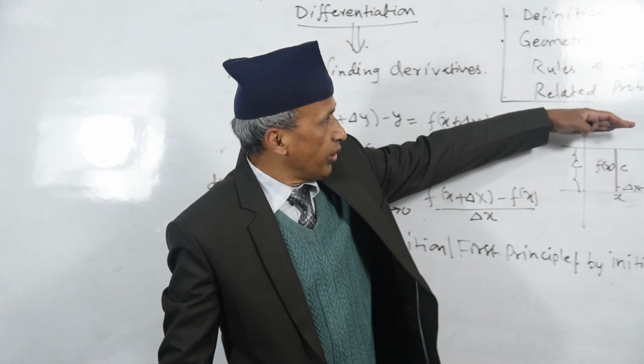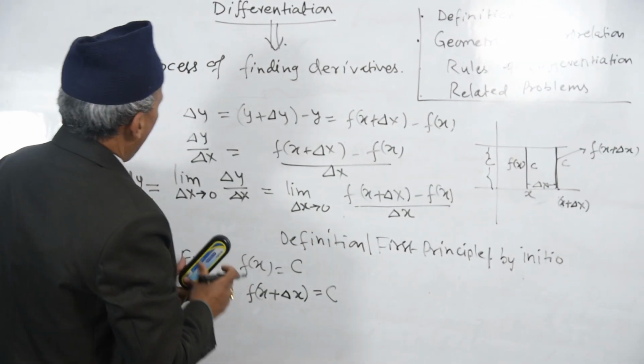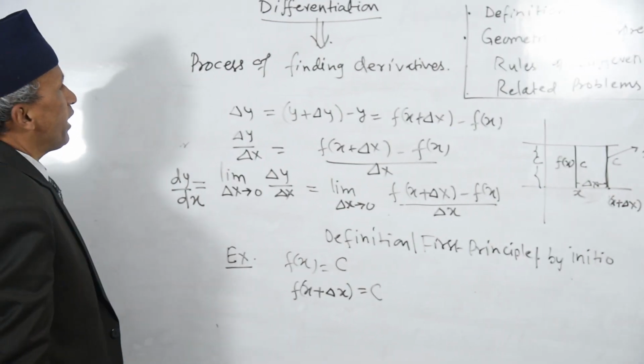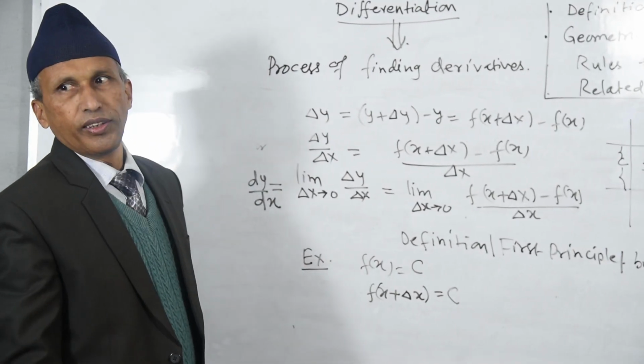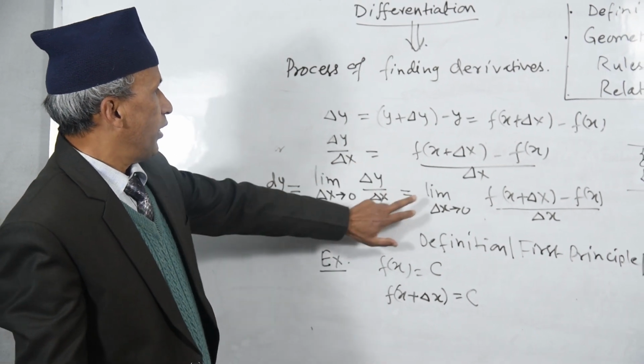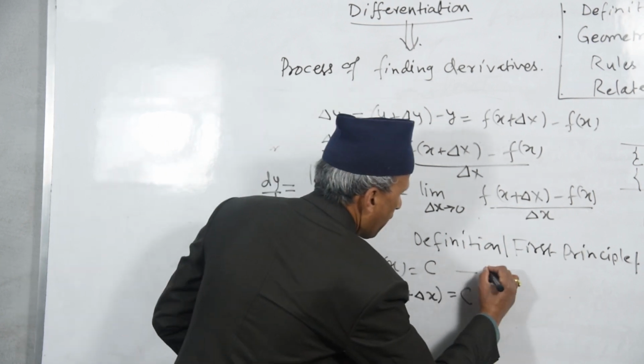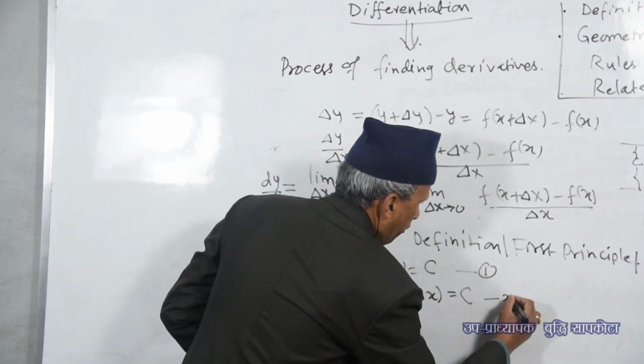So this is the constant function. The nature of a constant function is said. Okay, now I have to find the derivative. So how to find it? We use this definition. First subtract this one. Suppose this is 1. Suppose this is 2.